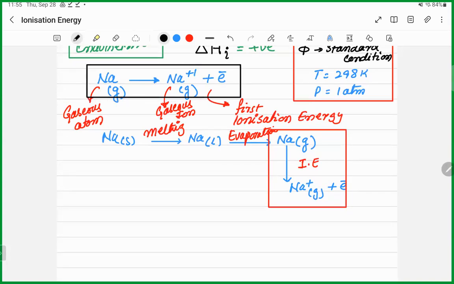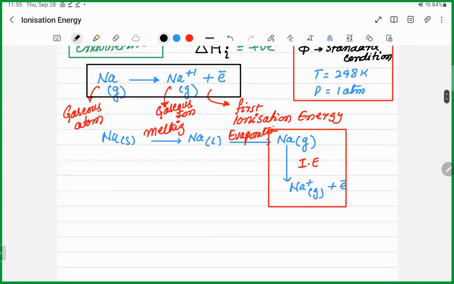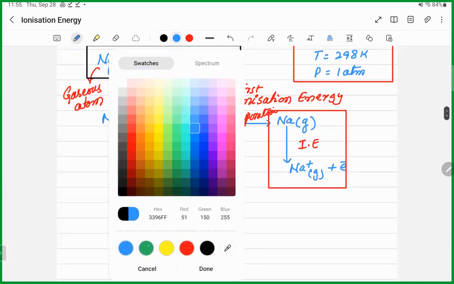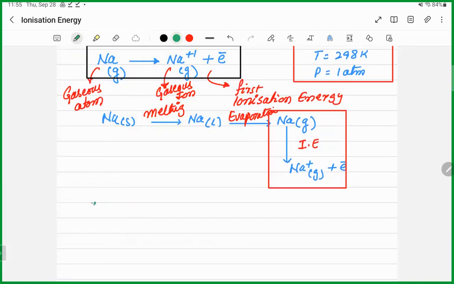Now, on the basis of this equation, I can write down the basic definition of ionization energy. So let's write down the definition of ionization energy.